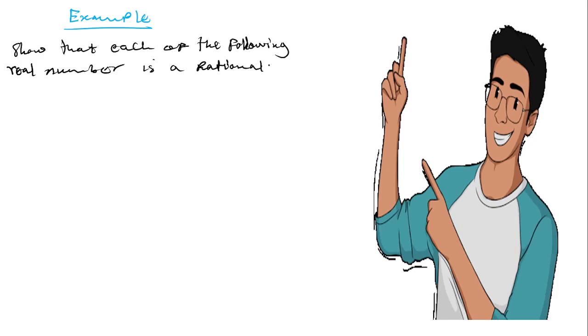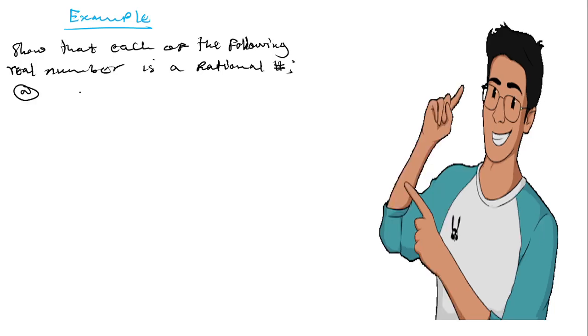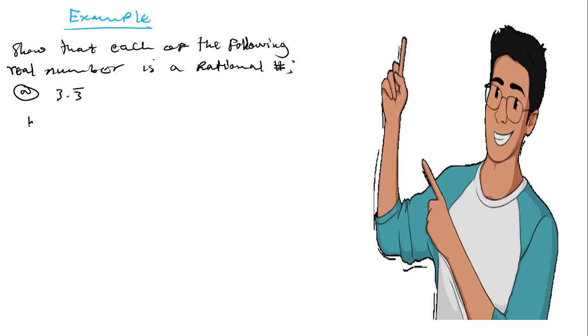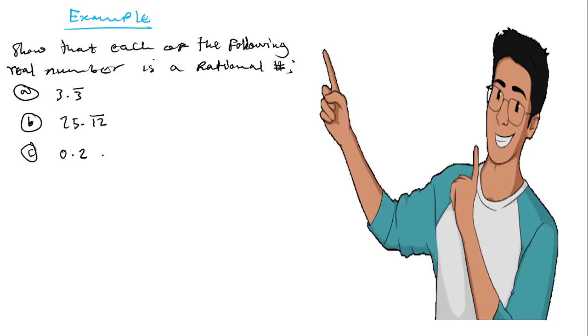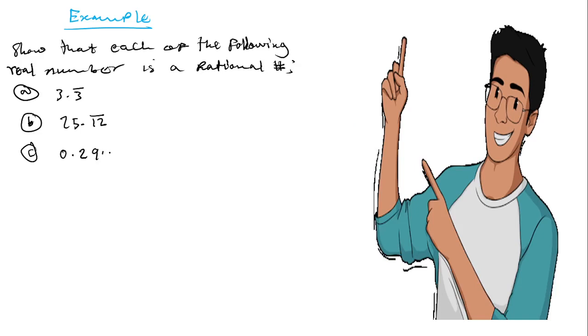So this is our question, and for A, we have been given 3.3 bar, and then B, we can have 25.12 bar, and then C, we can simply say 0.2 9432 bar on top.